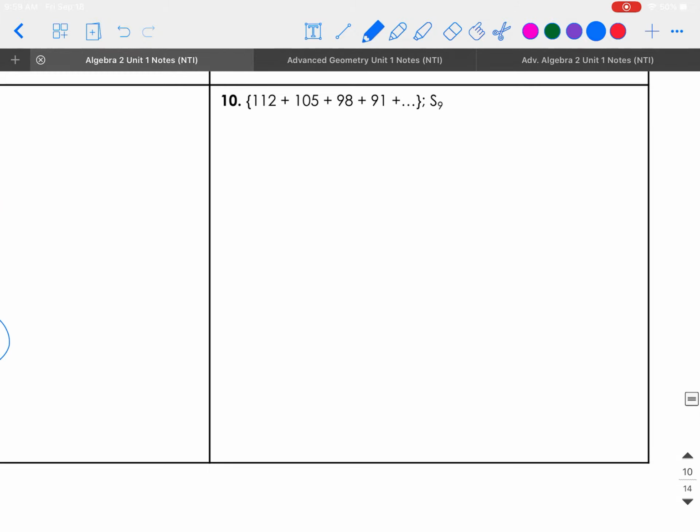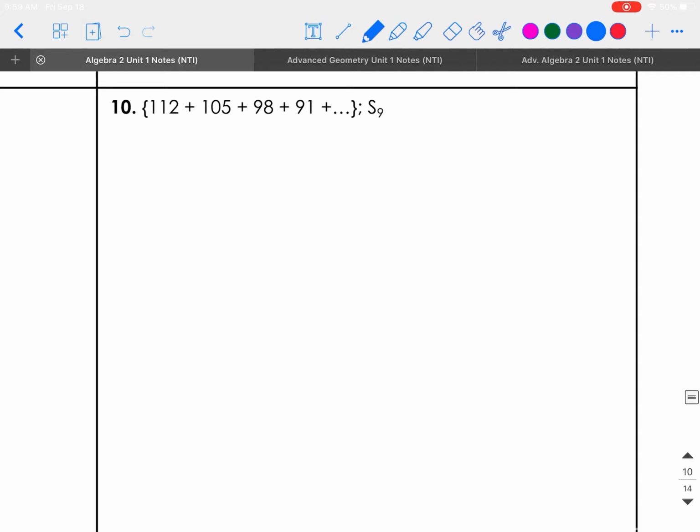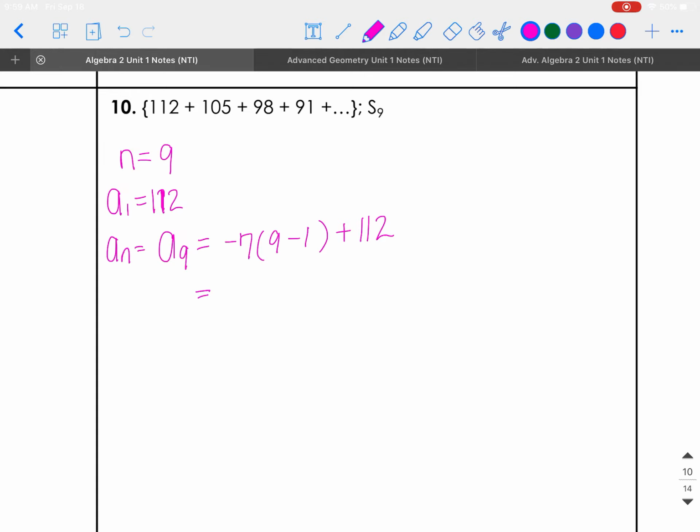All right, last example. You're probably exhausted. N equals 9. A1 equals 112. AN is really A9, that ninth number. And I need my common difference. It's -7. 9 minus 1 plus 112.